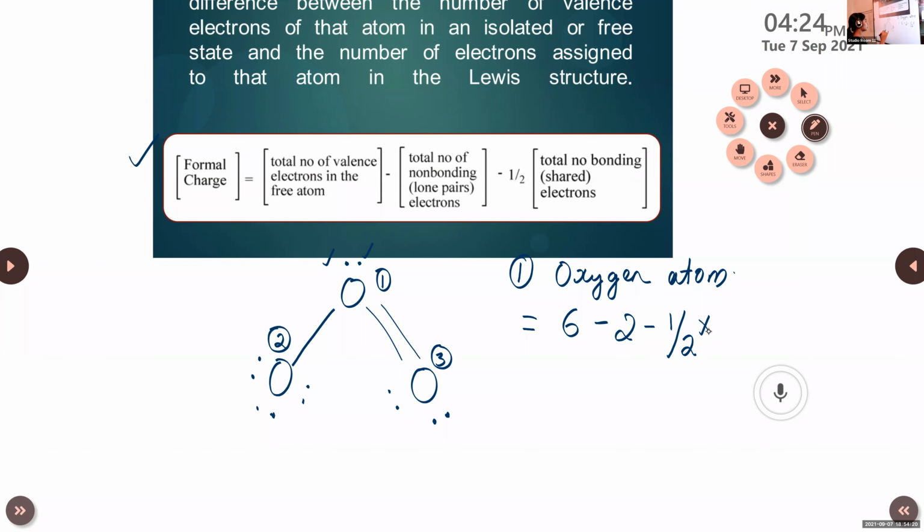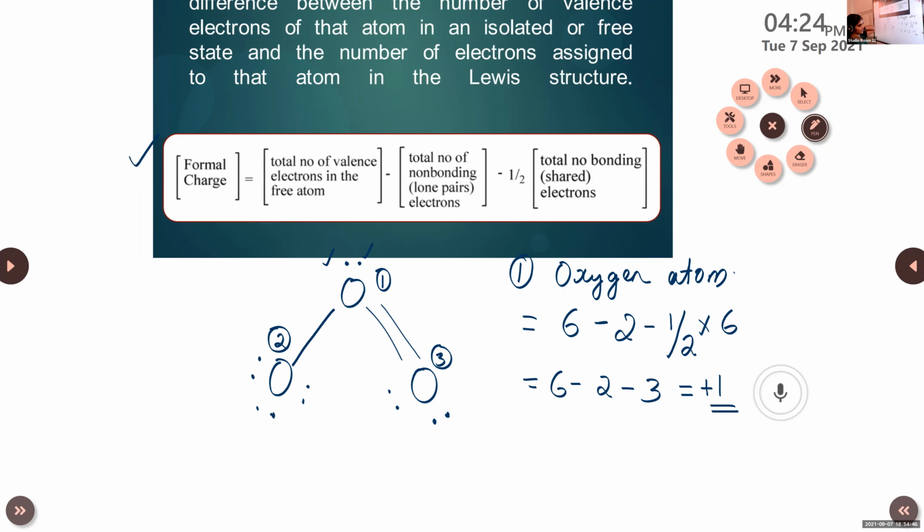How many electrons are shared? 3 bonds are surrounded with the central oxygen atom, that means 6 electrons. So 6 minus 2 minus 3, that is positive 1. So this is the formal charge of the oxygen atom at the center.